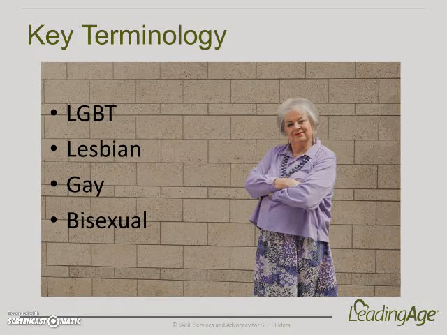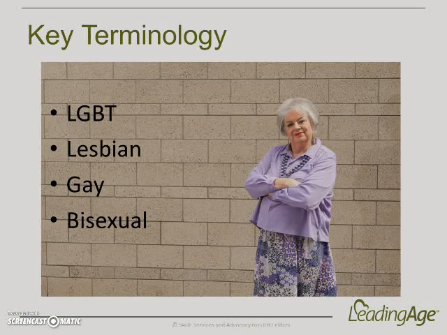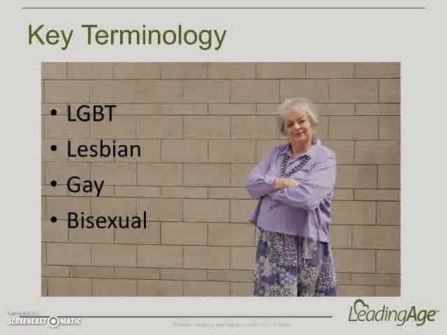The word bisexual describes someone who in some way is attracted to both men and women. Or at times bisexual people will describe their sexual orientation as more fluid, or that they're attracted to specific people, regardless of their sex or gender identity.